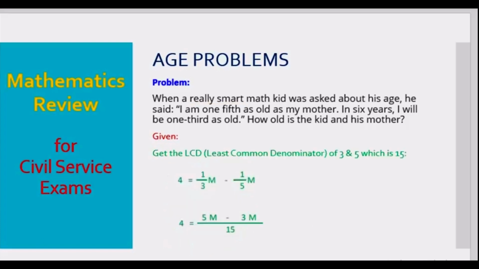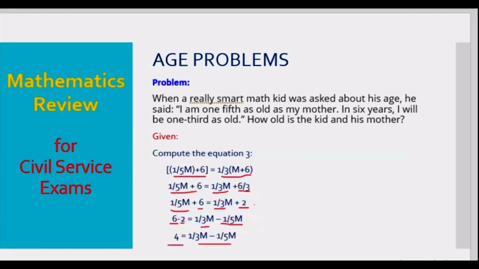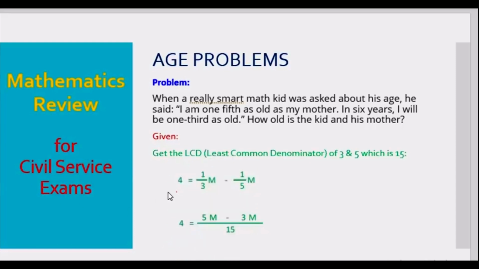So here, again, we will be getting the least common denominator. Okay, so this is the equation. From the previous line, 4 is equals to 1/3 of m minus 1/5 of m.